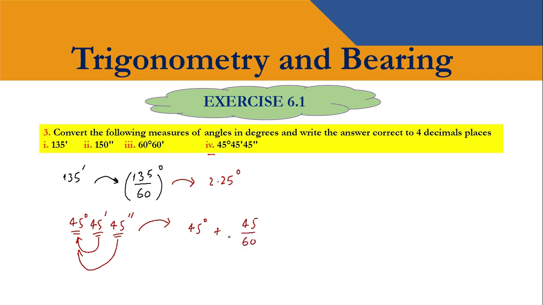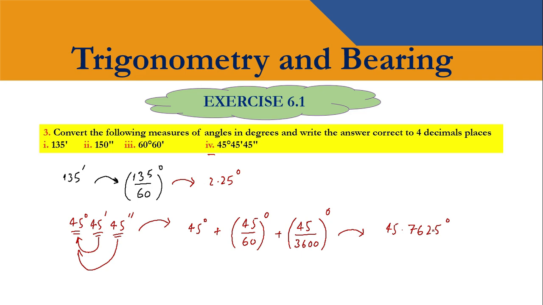As we know that 1 degree contains 60 minutes, so we have to divide minutes by 60 to convert it back to the degree. Now our minutes are converted back to the degree, plus 45 seconds. As we know that 1 degree contains 3600 seconds, so we have to divide seconds by 3600 to convert it back to the degree. The answer will be 45.7625 degrees.